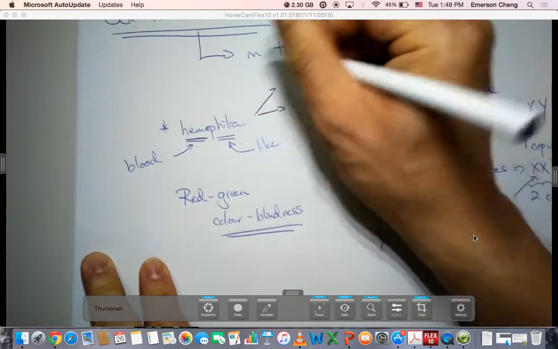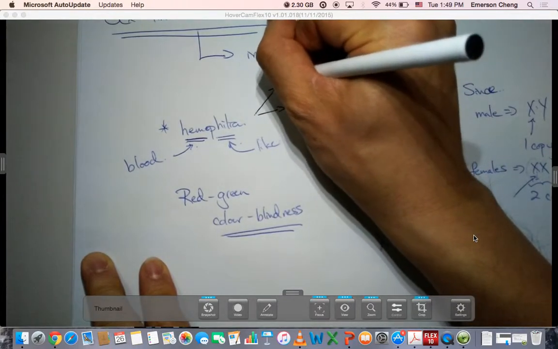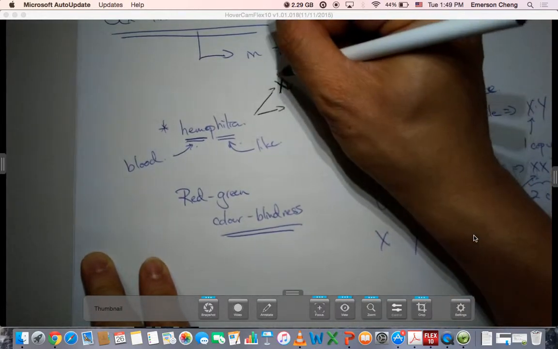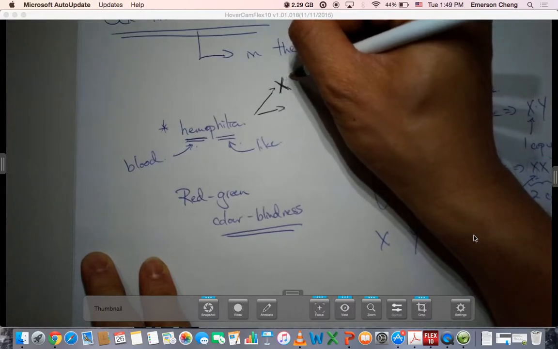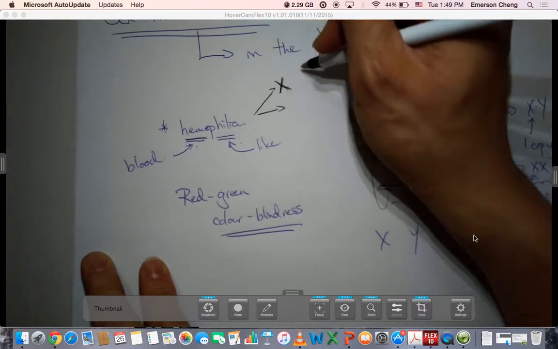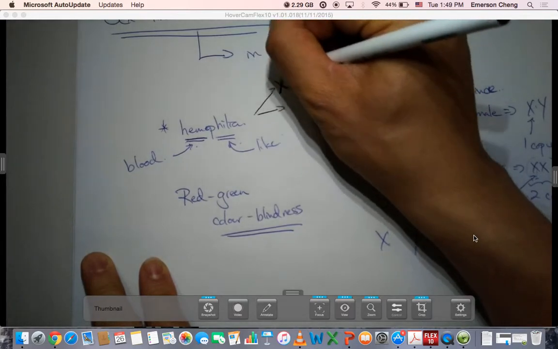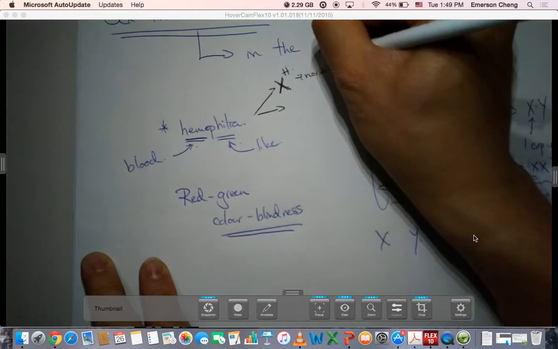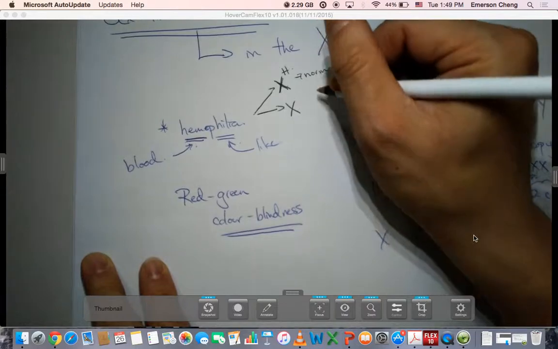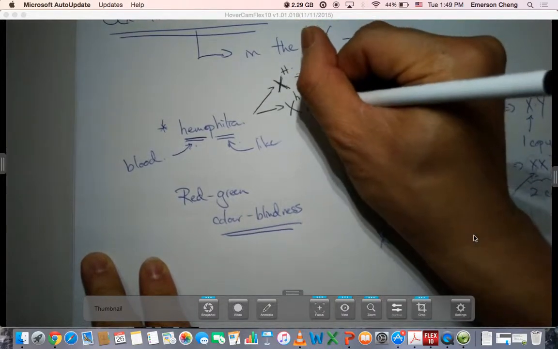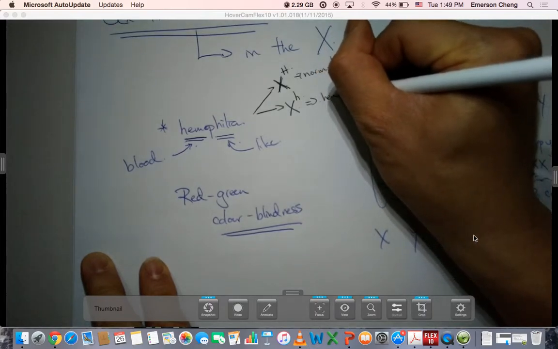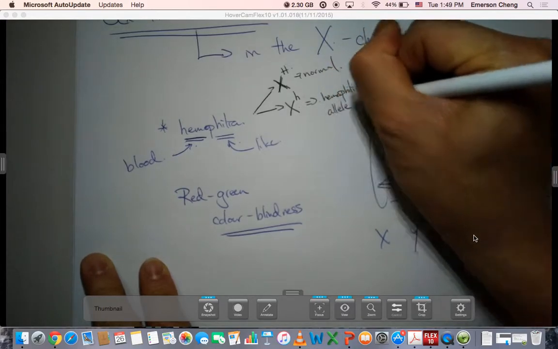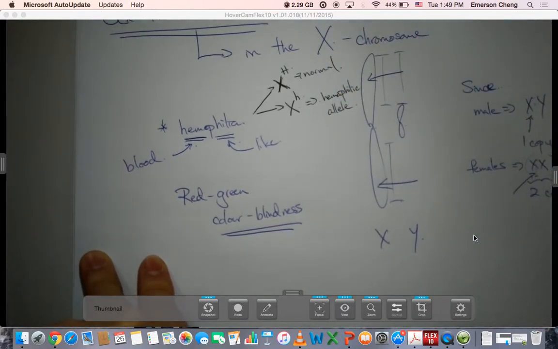In sex-linked genetics, since it's always on the X chromosome, you draw a big X and put the allele on top like a superscript, like an exponent in math. X with a capital H means you're normal. Capital X with a small h means you have the hemophiliac allele.